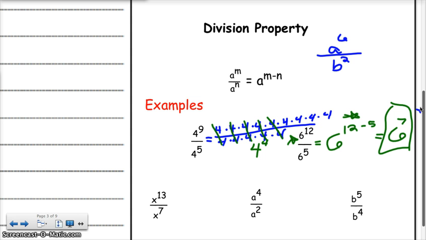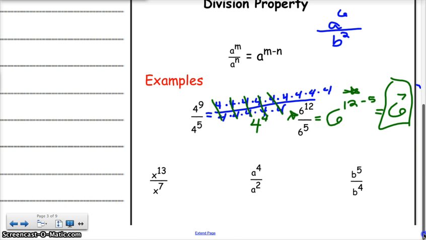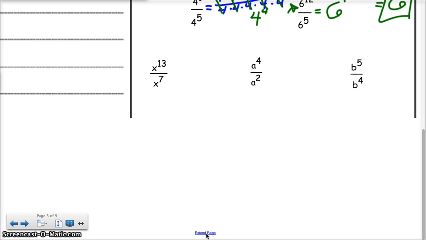All right, the next one, x to the 13th over x to the 7th would be x to the 13 minus 7, which is x to the what? X to the 6. A to the 4th over a squared is a to the 4 minus 2, a squared.